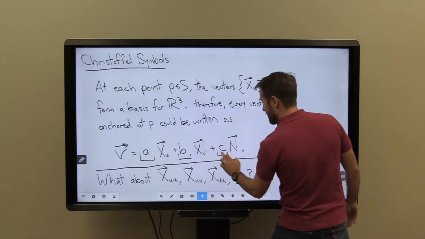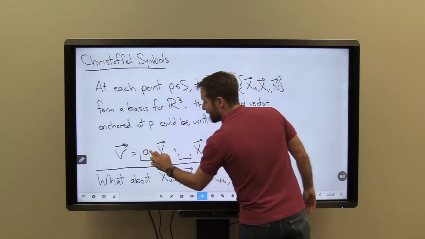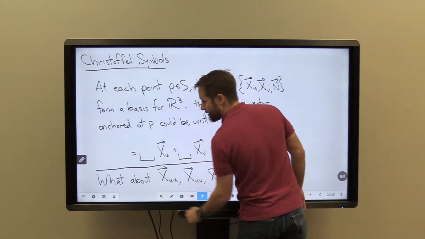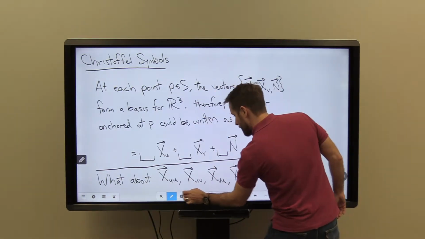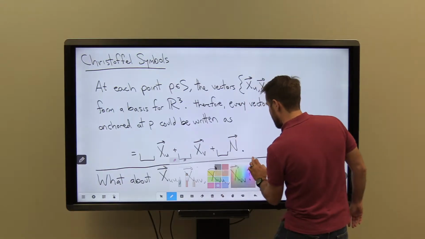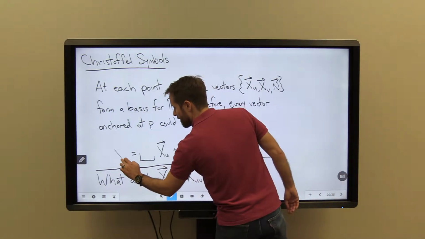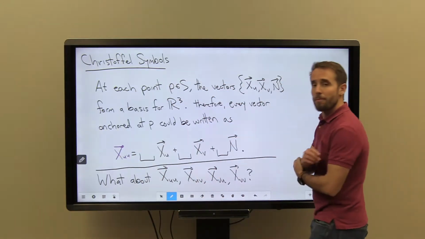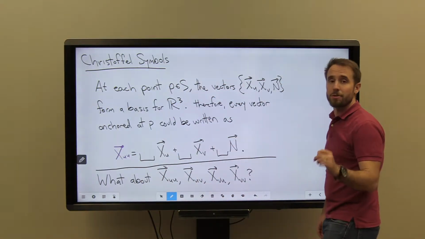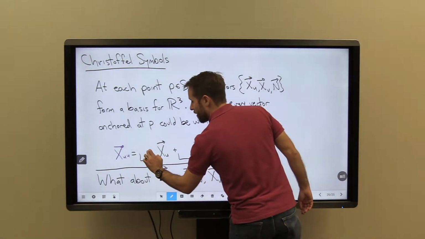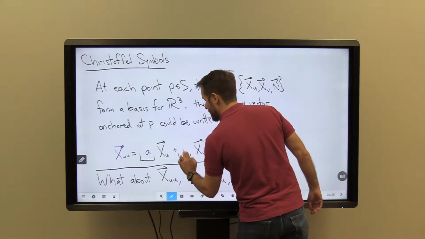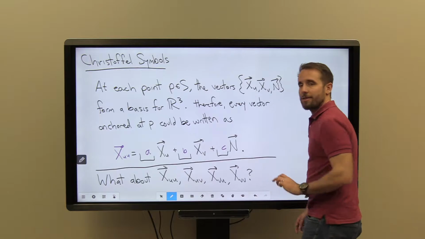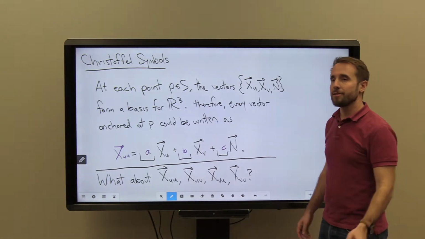So in other words, the question is this, right? If I can express any vector this way, and if I want to consider my vector, let's say xuu, so that's the second derivative of x with respect to u, what are the appropriate coefficients that I should get out front of each of these?